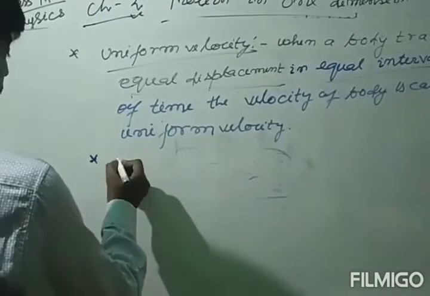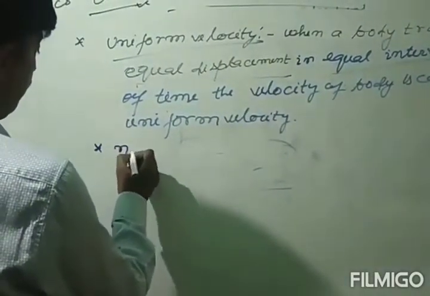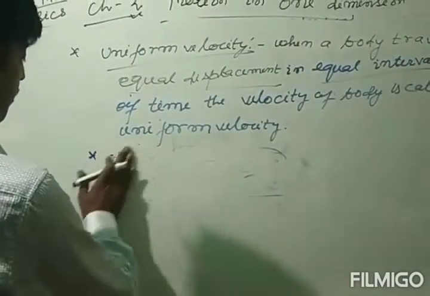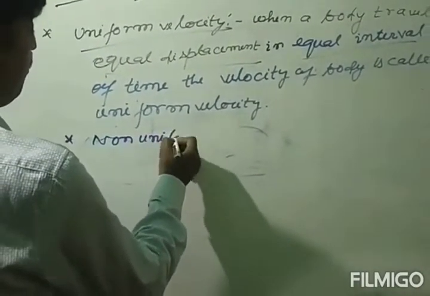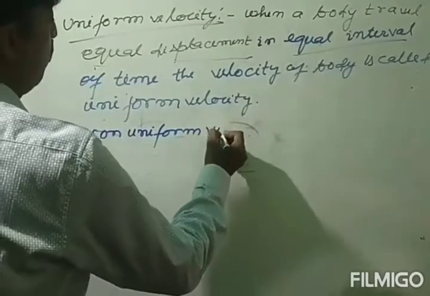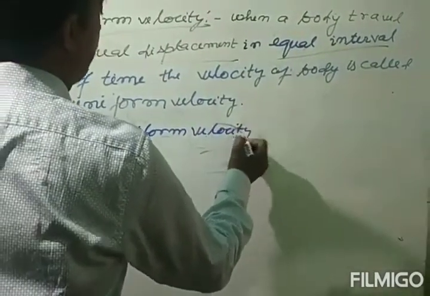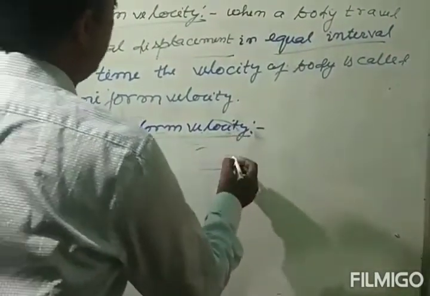Next type of velocity, non-uniform velocity. What is non-uniform velocity?